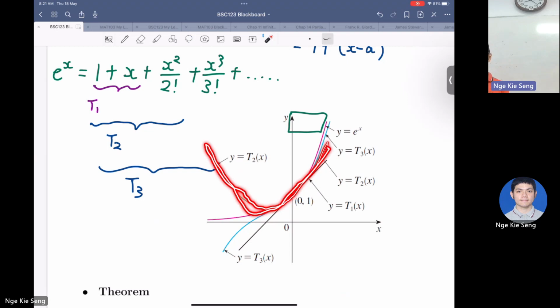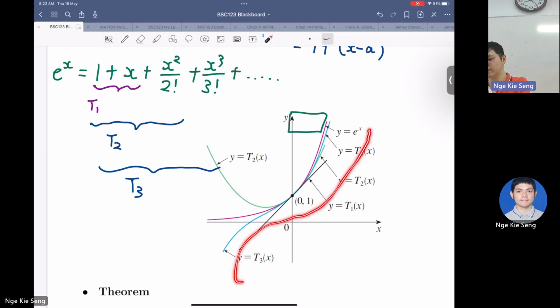And then how about you add an extra x cubed term? What happened? You can see the blue line. Do you remember the basic shape of x cubed? Yeah, right.